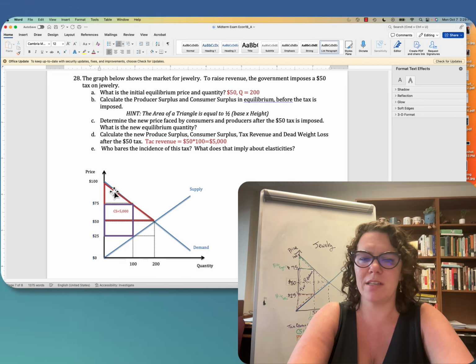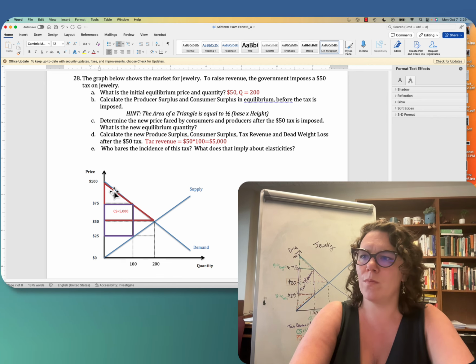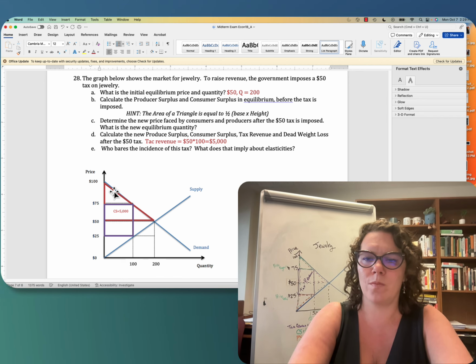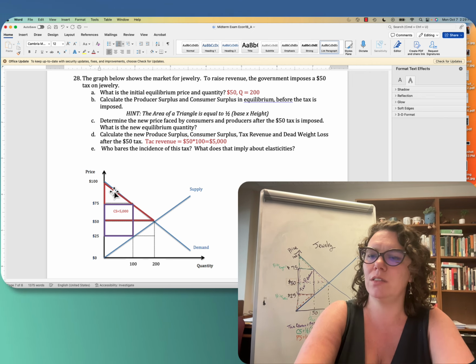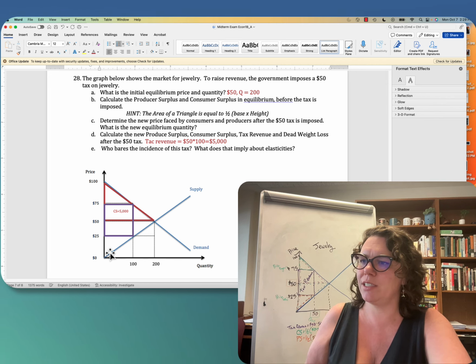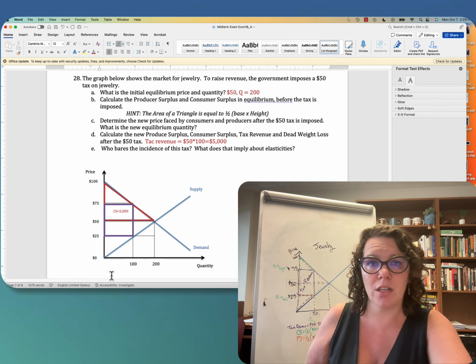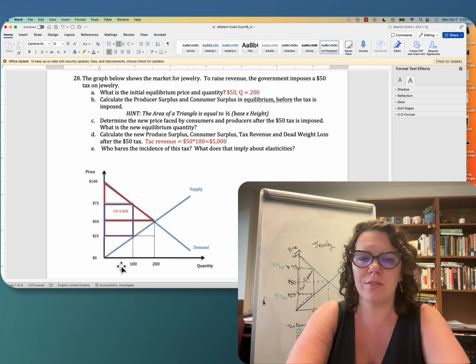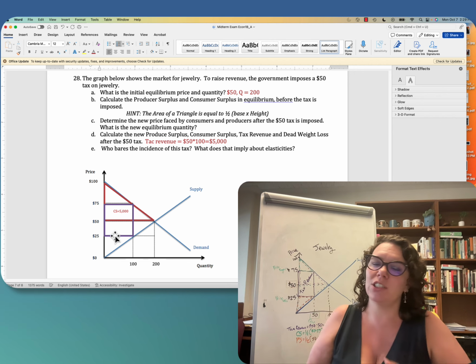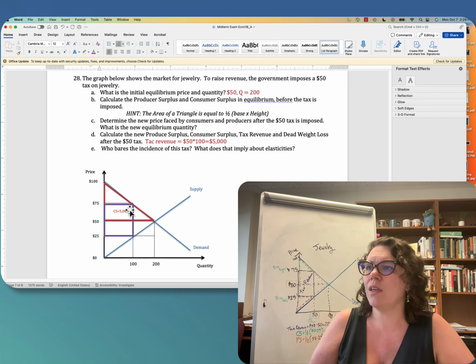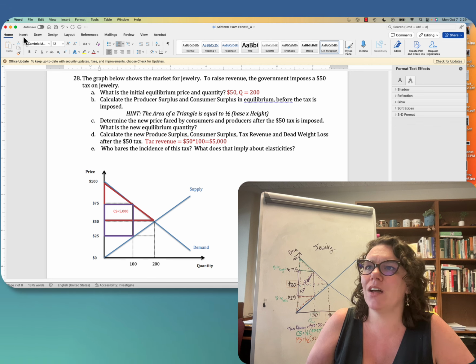Producer surplus is going to be the same, because they're symmetrical, but also because if you look at this triangle, we can see producer surplus down here has a base of 100 pieces of jewelry and a height of $25. So sellers are still getting less than they would have before, but they're still not totally terribly off. The tax revenue is this rectangle here, and then finally we have the deadweight loss triangle.